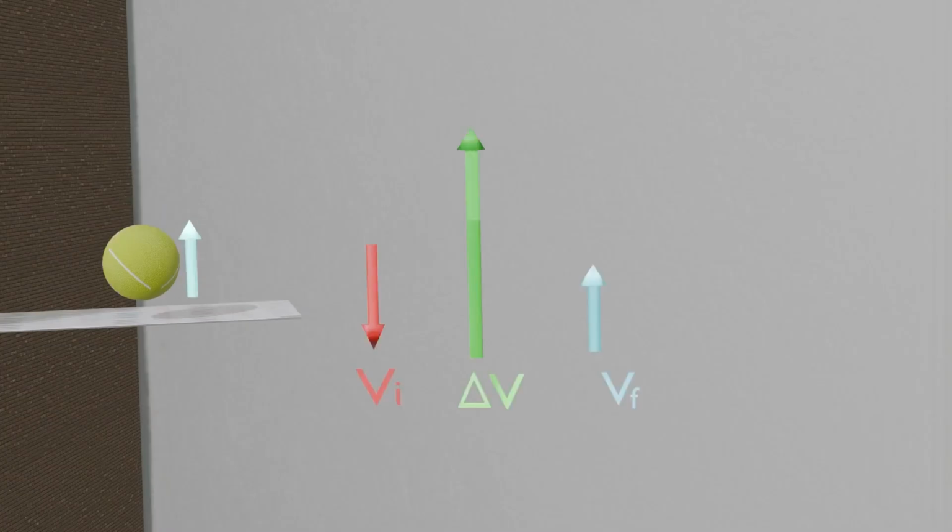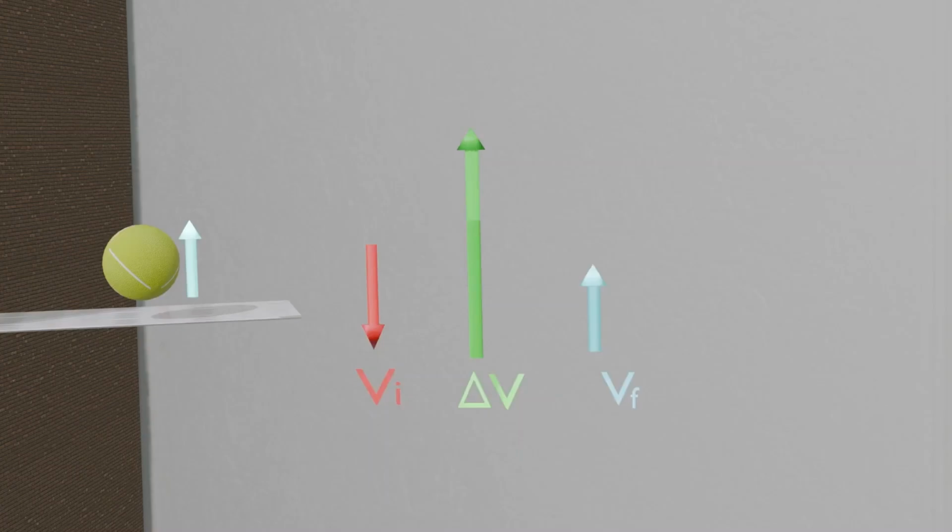This red arrow is the initial velocity, the light blue arrow is the final velocity, and the green arrow is the change in velocity. From the previous example, we know that the change in velocity is v final minus v initial, which is the same as adding the negative of v initial to the final velocity. That gives us the change in velocity, which is the green arrow here.